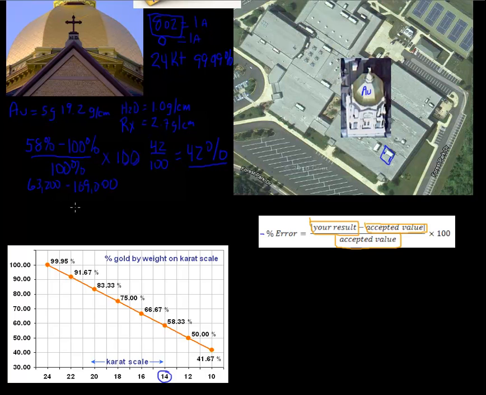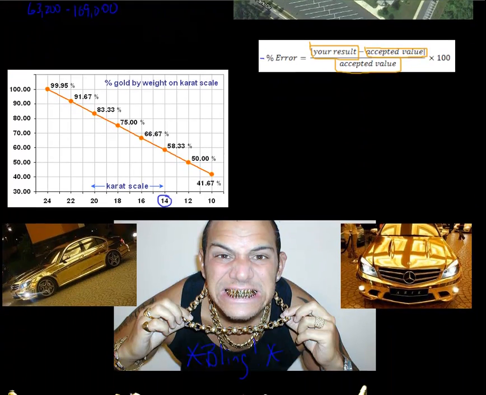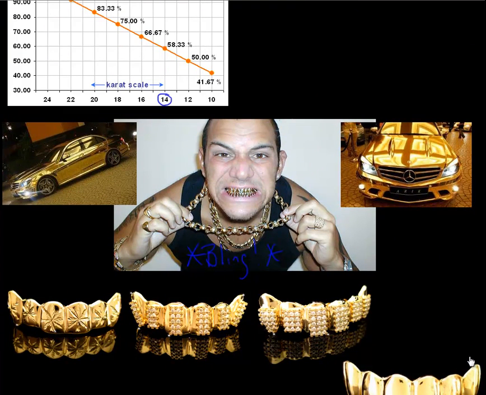And if we do the same sort of thing, we find out that we actually have the same percentage. But anyway, our number is 42% wrong. That is our percent error. That would be unacceptable. But how else does this guy get all of his bling? Thank you much. Bye.